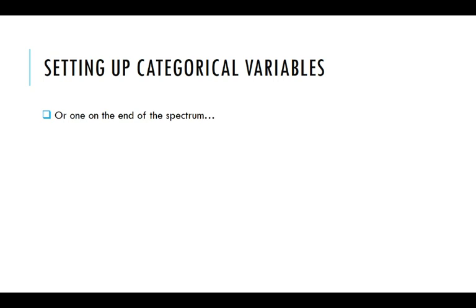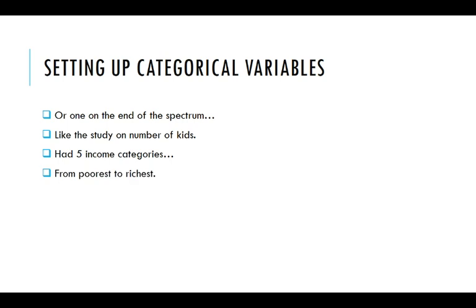Or you could choose something on one end of the spectrum if it's a spectrum. Now, marital status doesn't really have a spectrum or an ordering, so there'd be no spectrum to think about. But think about the study on number of kids. There were 5 income categories. That is a spectrum, right? It went from poorest to richest.